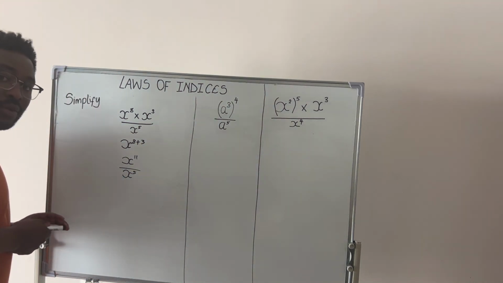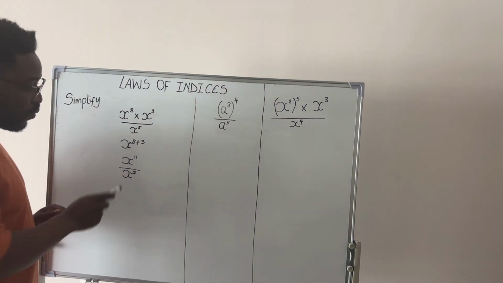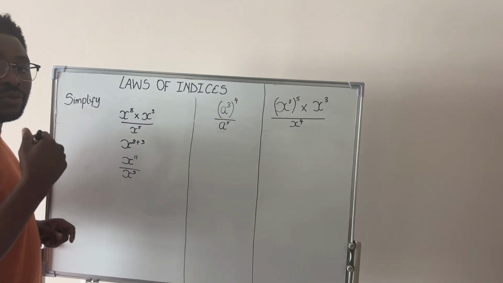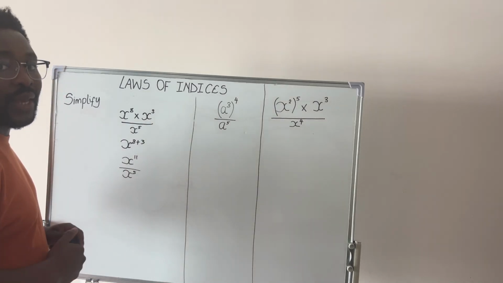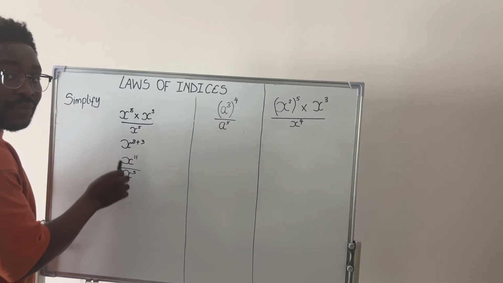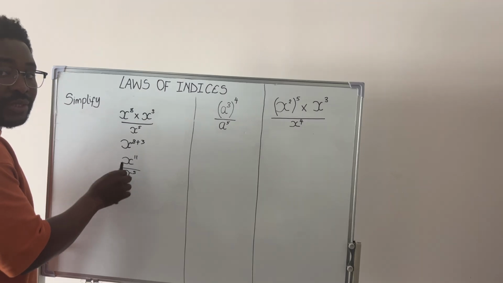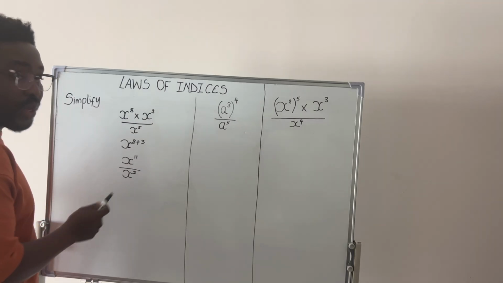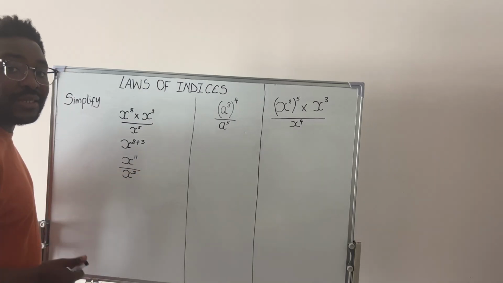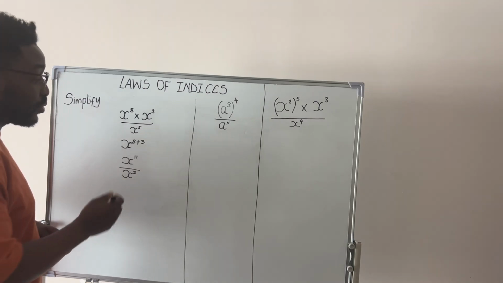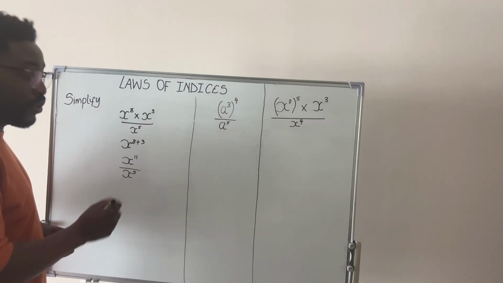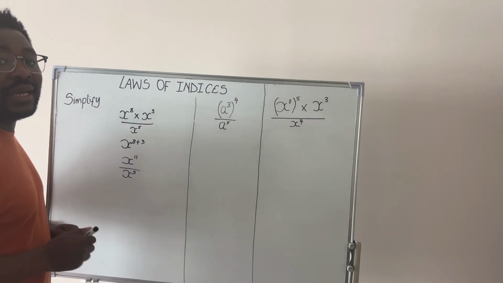So there's division happening here with the same base. So we're going to use the quotient law. Dividing an expression with the same base, what do we have to do? We just have to subtract their indices.